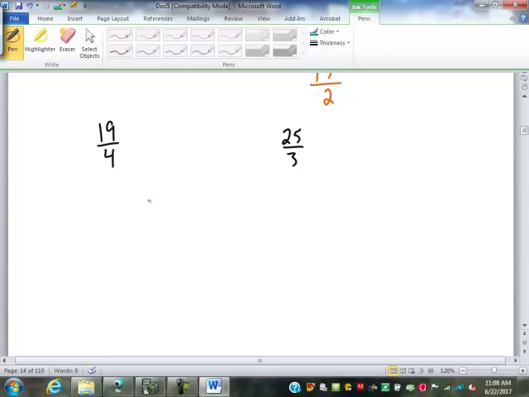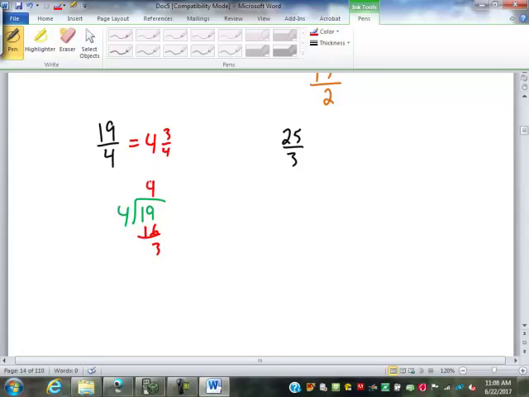So for the first one, 19/4, what am I going to divide? 19 divided by 4. Good. 4 goes into 19 how many times? 4. 4 times 4 is 16. How much is left over? So 19/4 is 4 3/4.